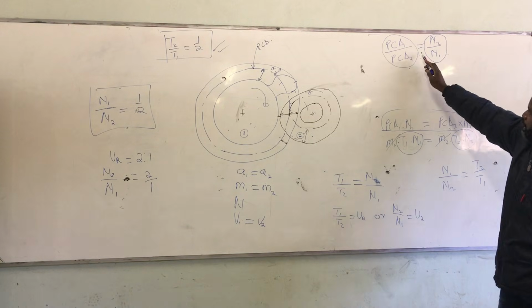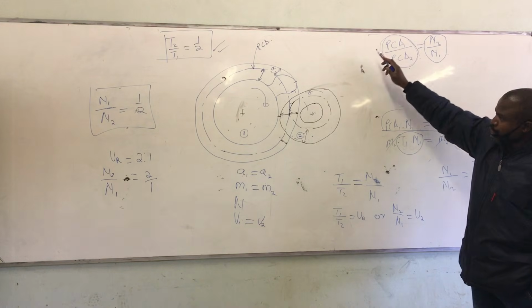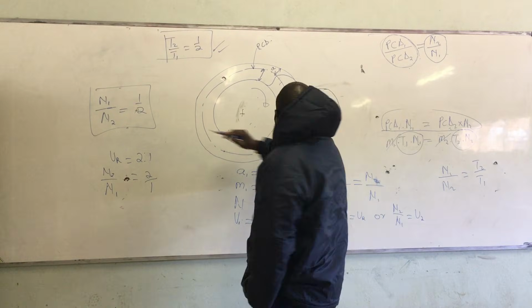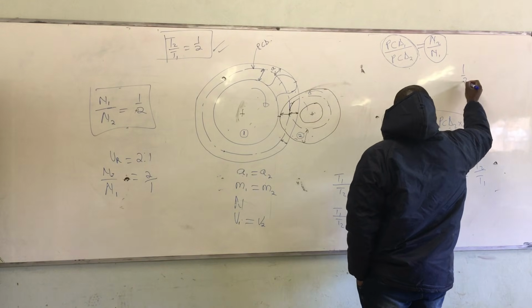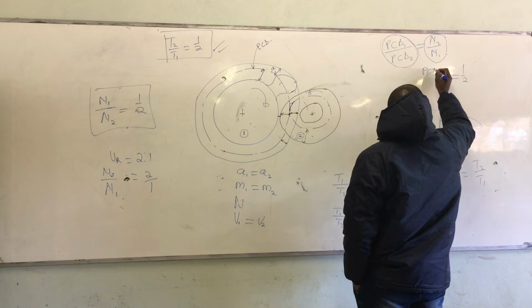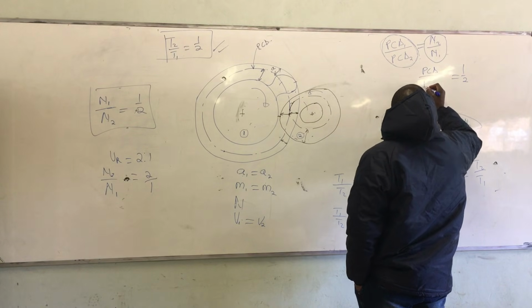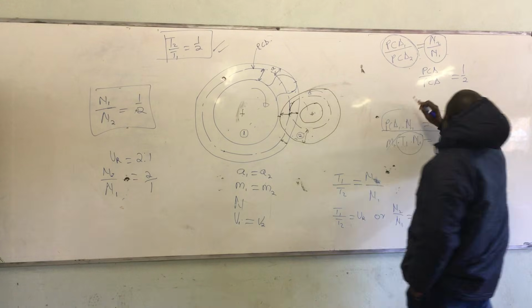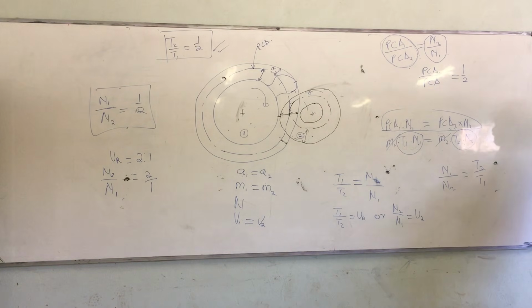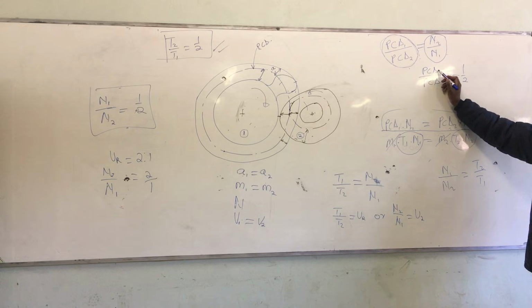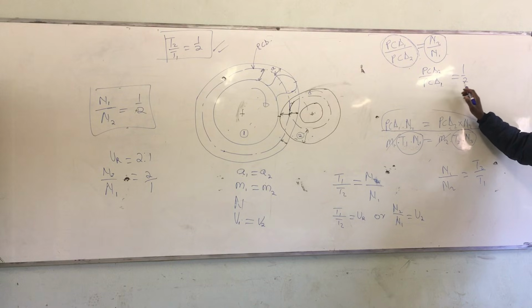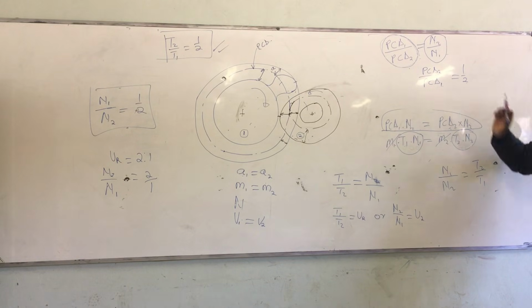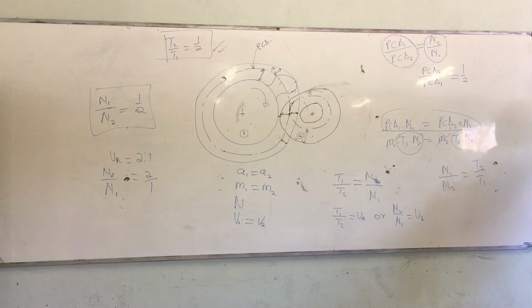So meaning, to take this one to a speed ratio, if your speed ratio is 1:2, which PCD are you going to use here as your numerator? For gear 2, and this one for gear 1, because gear 1 is bigger, gear 2 is smaller. You use it like that.